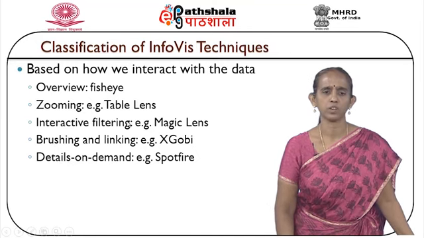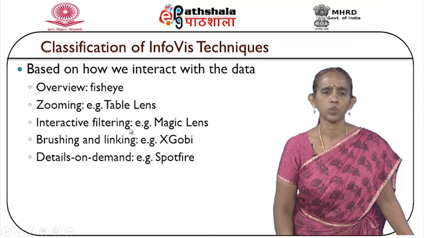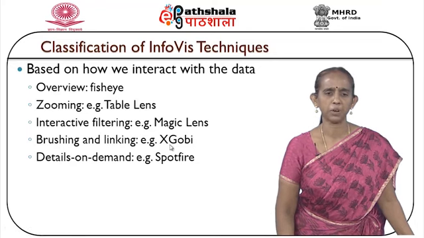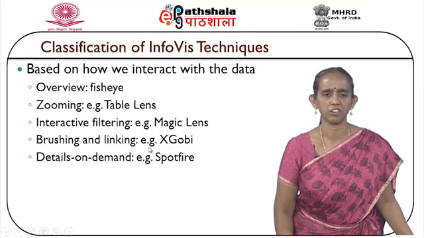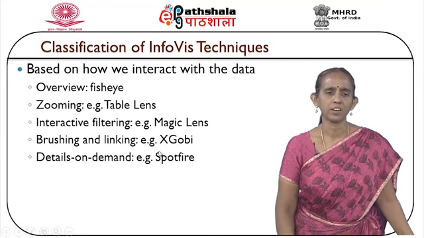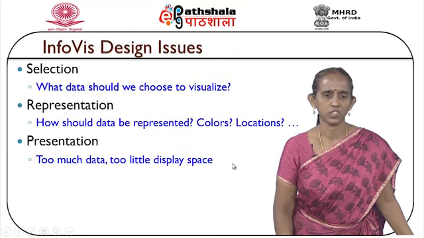I can filter out certain data and just look into the data set by using the magic lenses. By using the XGOBI interface, it is possible for me to brush and link certain data that are available, and then it is possible for me to get details as and when I need in the Spotfire application.